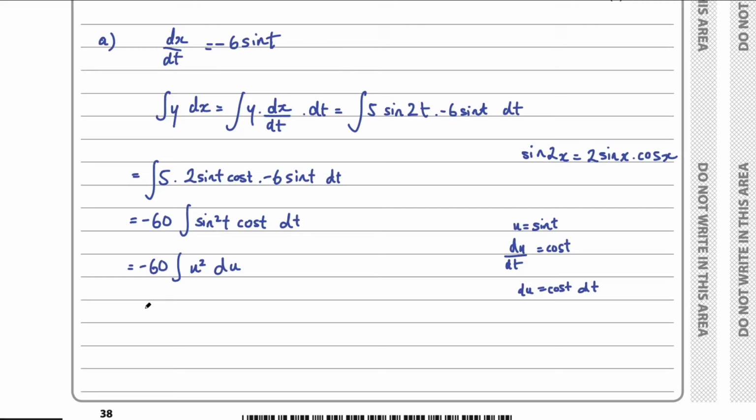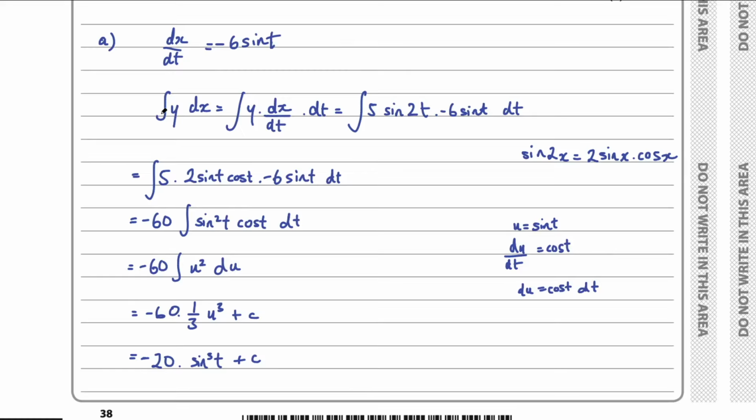So then this becomes negative 60 multiplied by a third u cubed plus some constant c. Then simplify, 60 divided by 3 is 20, so this would be negative 20 multiplied by u cubed. Now we could substitute sine t back in for u here, which I think I will do. This is now going to be negative 20 times sine cubed t plus c.